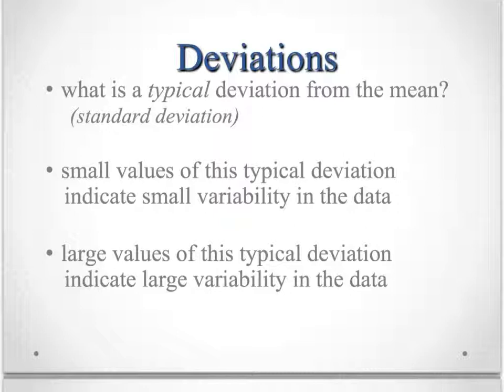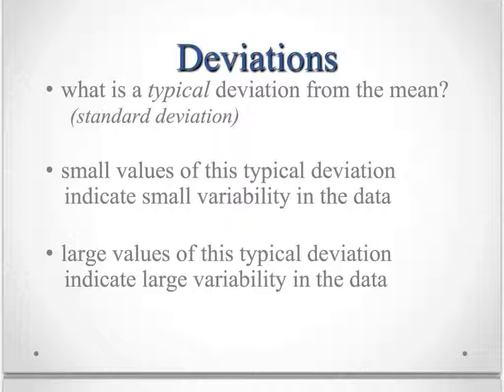If that number is small, that means in general, our values aren't that far away from the mean. They don't deviate from the mean that much. So that means there's a small variability.